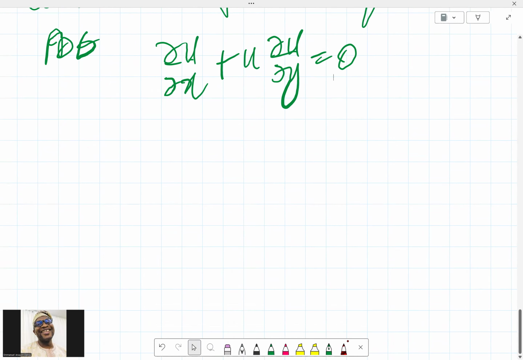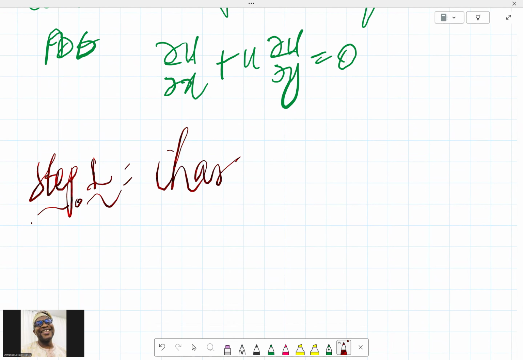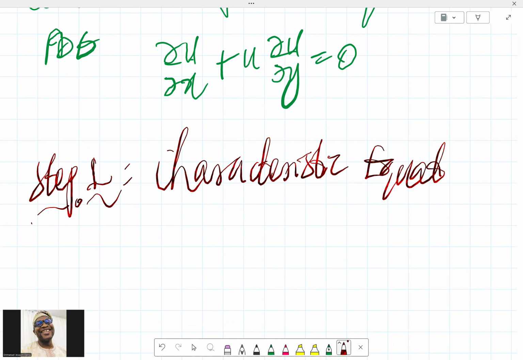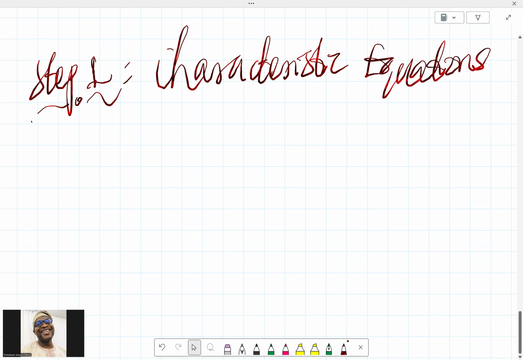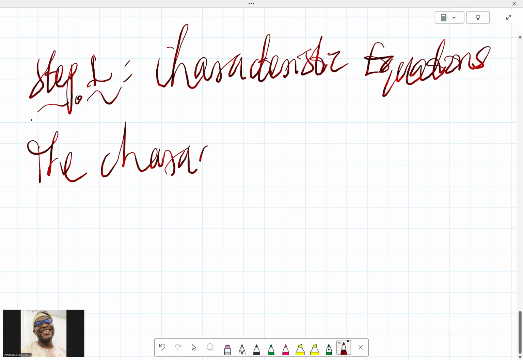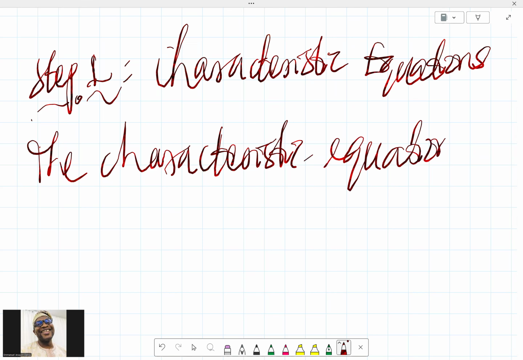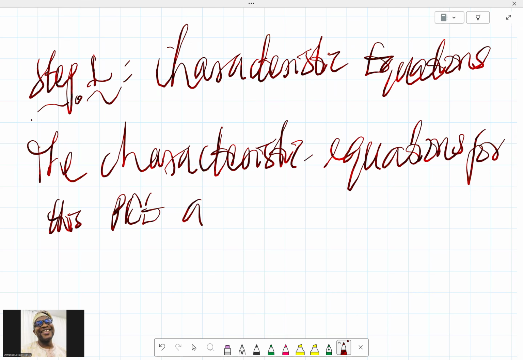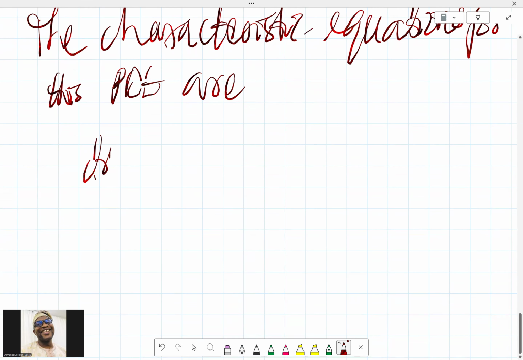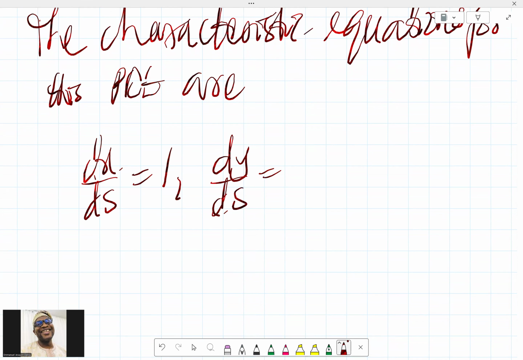Step one, like we've listed, is to write out the characteristic equations. For this PDE they are dx ds equals 1, dy ds equals 1, and du ds equals 0.